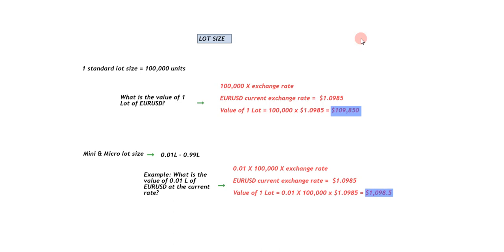So let's look at Euro US dollar. How do we calculate the value of that transaction? The value of that transaction, just like every other item you buy, is going to be the number of units multiplied by the value of 1 unit. So if one standard lot is 100,000 units, then the value of one lot is going to be 100,000 multiplied by the exchange rate.